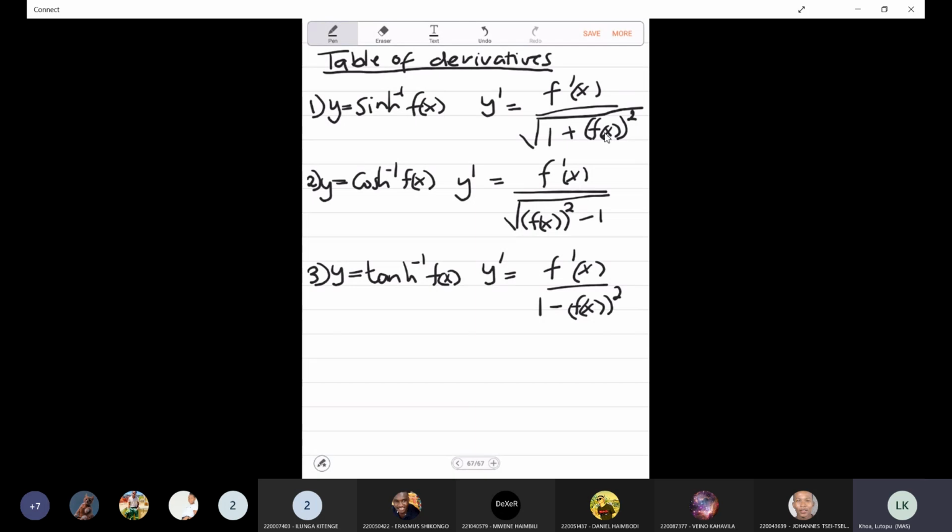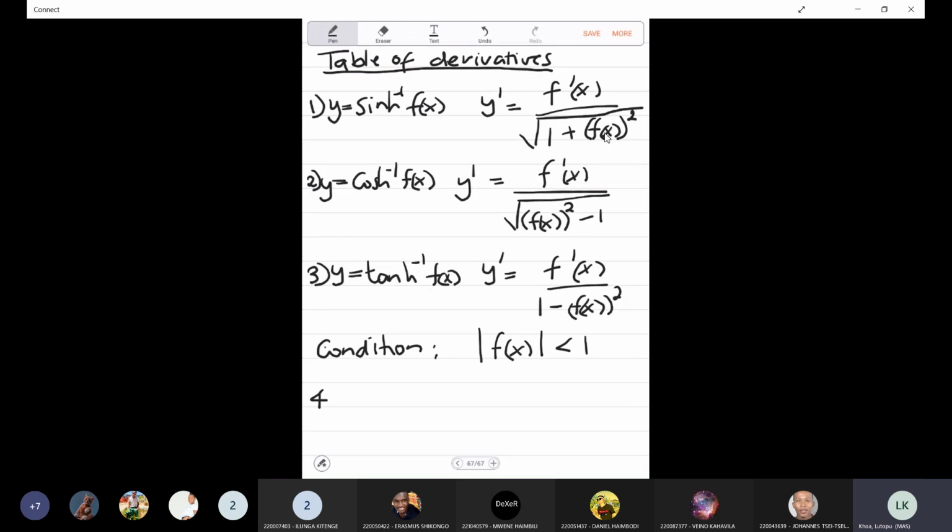Now here there is a condition that the absolute value of f of x is less than 1. Otherwise, the derivative does not exist.